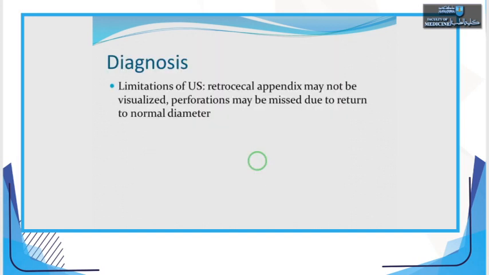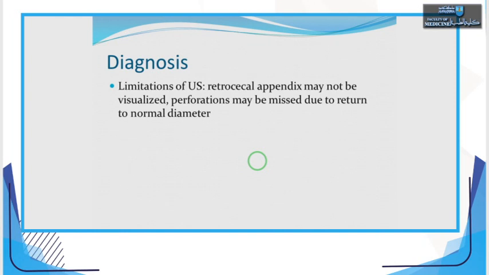Limitation of ultrasound is present, especially in a retrocecal appendix, because the appendix here is covered with a cecum full of air, and this impairs the sensitivity and the specificity of using ultrasound for diagnosis.